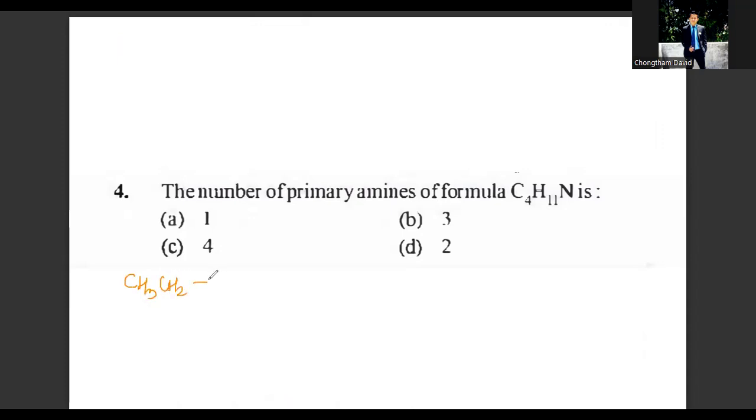CH2 and NH2. This is number one structure with the formula C4H11N. And the second structure, which is C4H11N, also can look in this form. Can be a secondary amine.